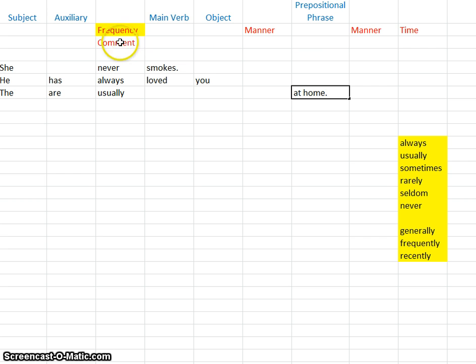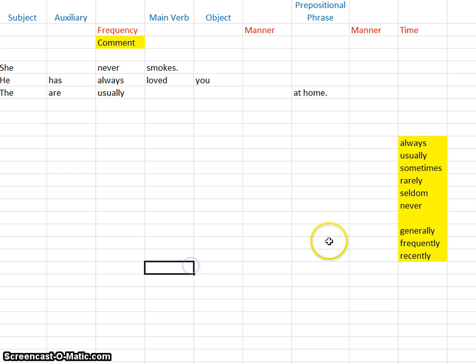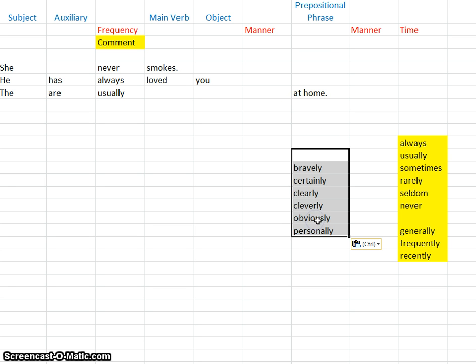Another type of adverb that goes in that same location in the sentence are called comment adverbs. Adverbs of comment just say something about how you feel about the sentence. So comment adverbs include bravely, certainly, clearly, cleverly, obviously, personally.